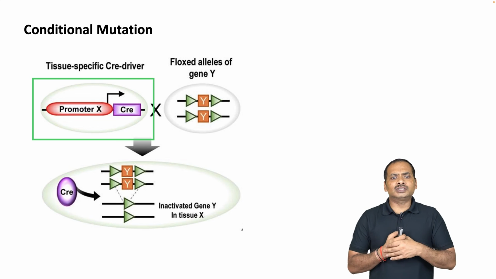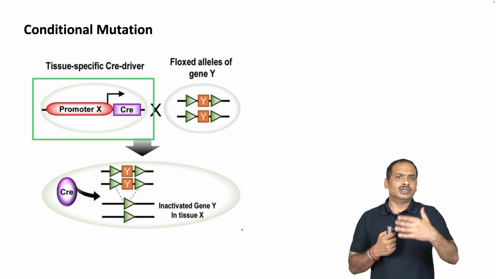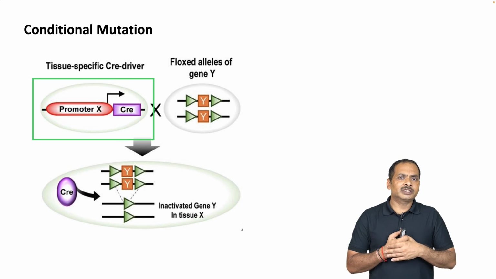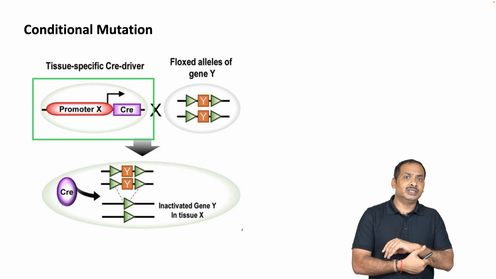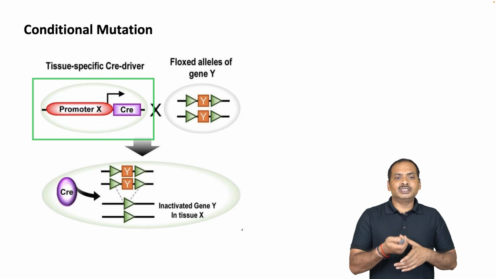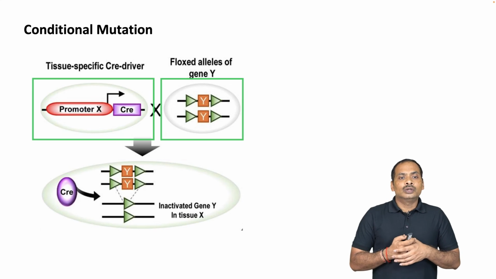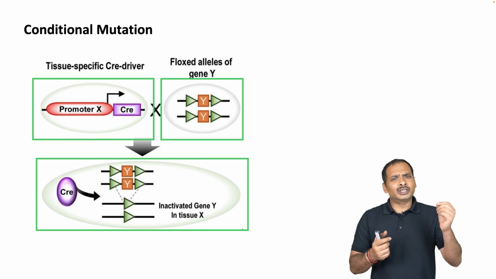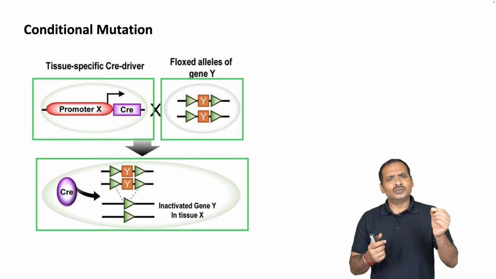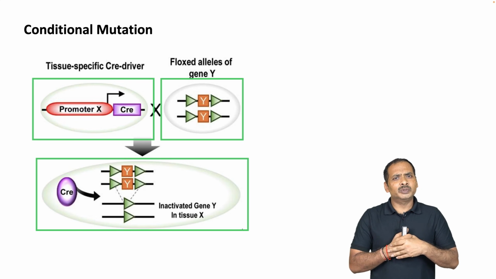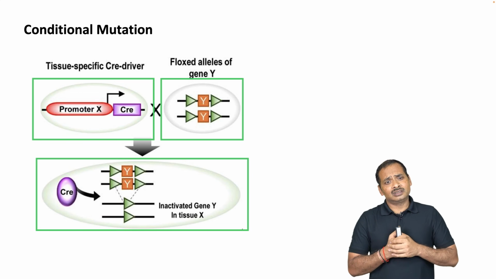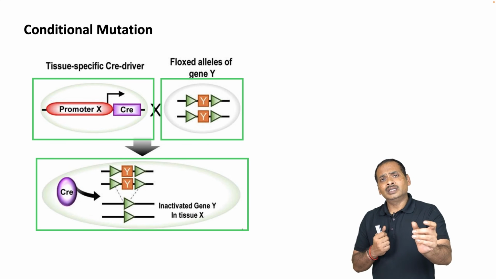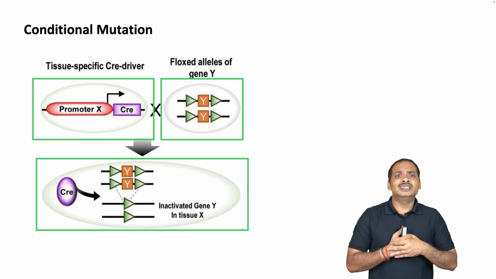And this is a floxed allele for gene Y, for example the gene which I have explained to you, maybe IPS1 or MOFs. So you have this kind of situation, and Cre is expressed, for example, in macrophages, and both alleles have the LOXP site. So in those cells the targeted gene will be deleted.